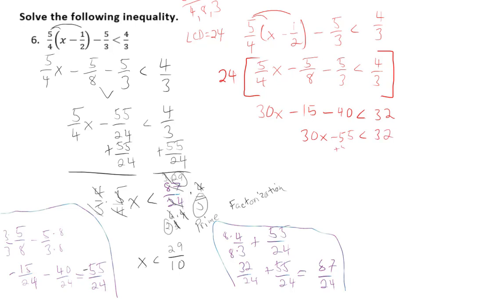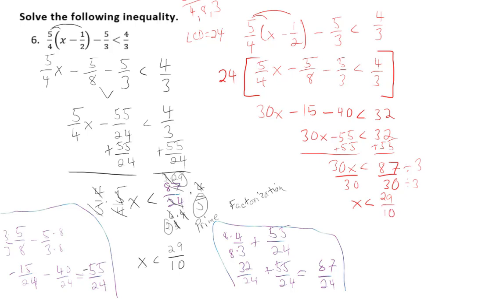Add 55, add 55, and now I have 30x is less than 87. Divide by 30, and I get, we remember 3 times 29 is 87, and 3 times 10. So if I pull a 3 out of top and bottom, I get 29 over 10.